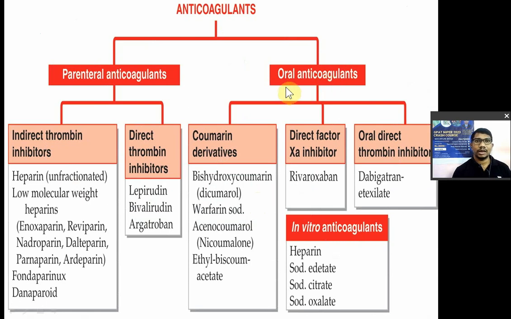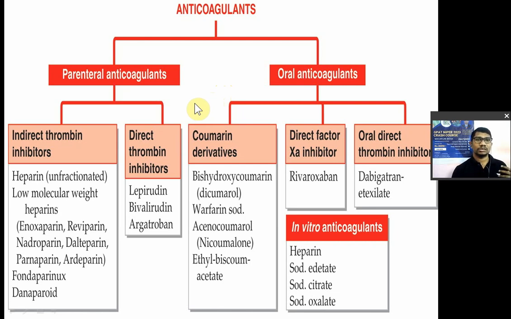Before starting the actual classification, you should know a few terms. The first term is coagulants. What do you mean by coagulants? Coagulants means any drug or agent that can increase the blood coagulation or blood clotting process.